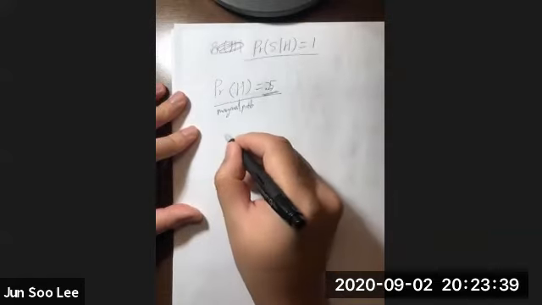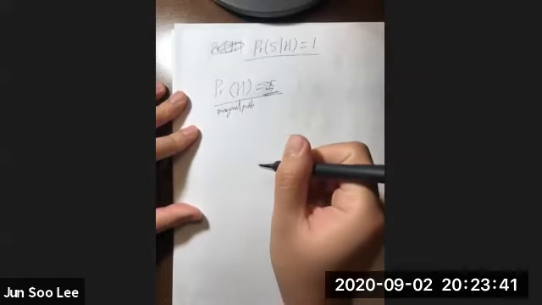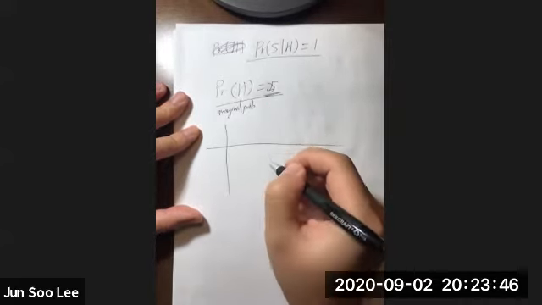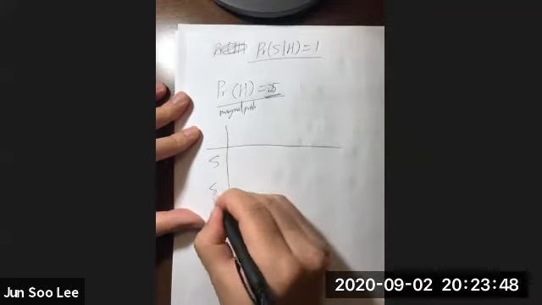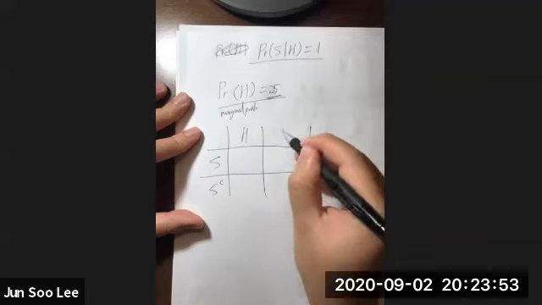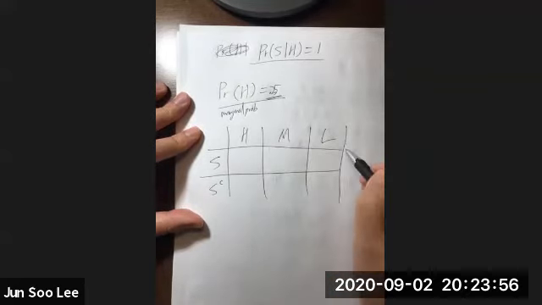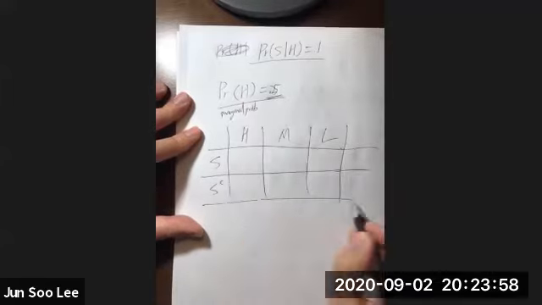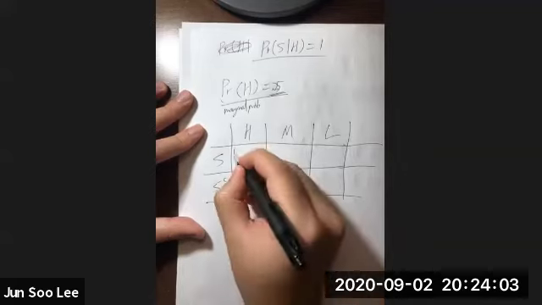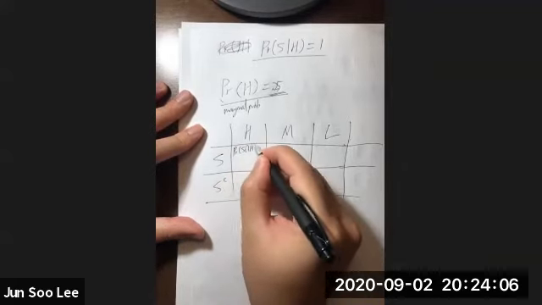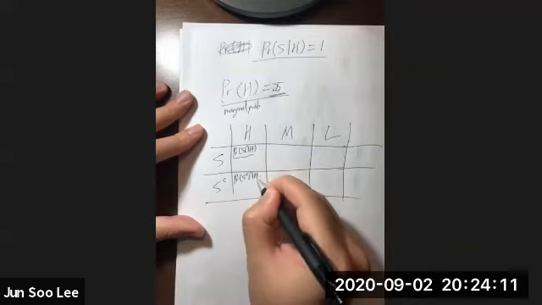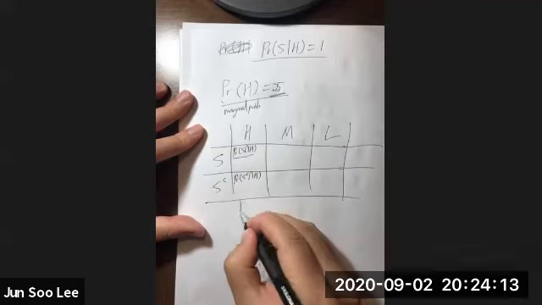Based on this, I want to fill out this format. Let's say this is significant earning, this is not significant earning, and I'm looking at H, M, L. What I get from this information is the probability of H, which is a marginal probability, which is the probability of S intersection H, which is a joint probability, plus the probability of S complement intersection H. The summation of that is the probability of H, right?